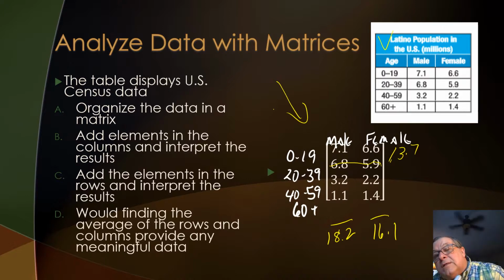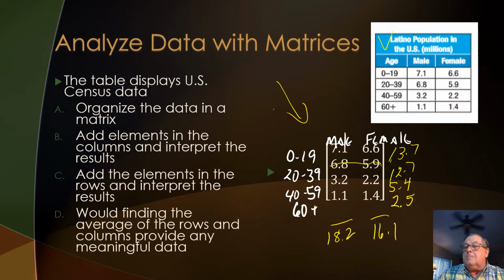We've got 12.7. Excuse my handwriting. Then we've got 3.2 in row 3, which is 40 to 59, plus 2.2, which is 5.4. And then 60 plus is 1.1 plus 1.4, and this is 2.5.